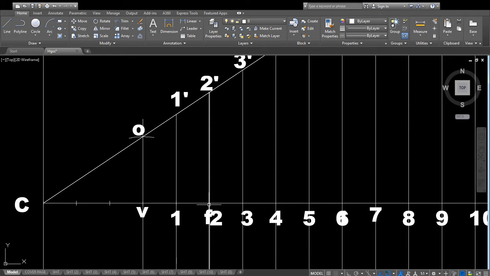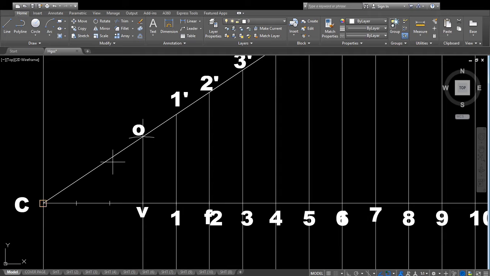That is, you pin your compass at 1, your pencil at 1 prime, you remove your pin to F, you strike an arc on line 1, 1 prime. Something like this.